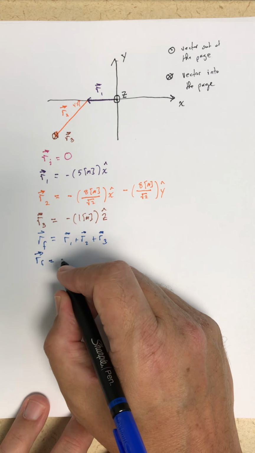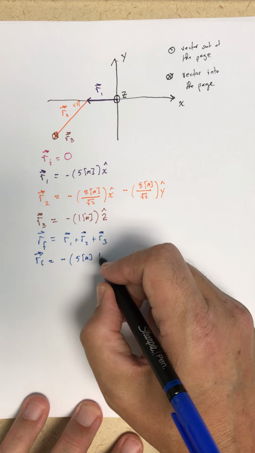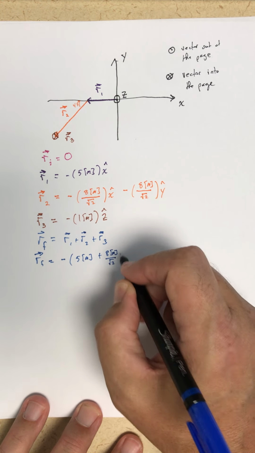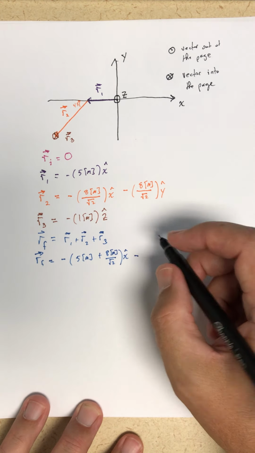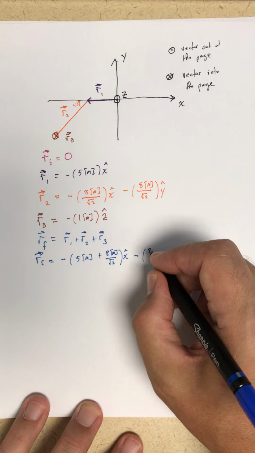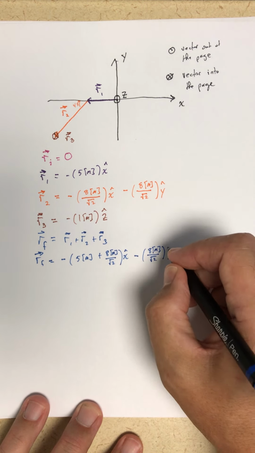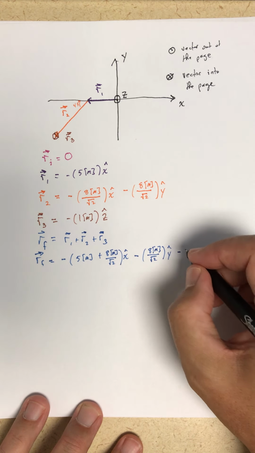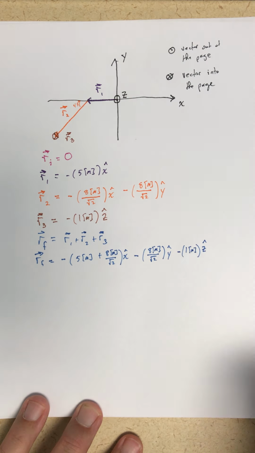I'm going to have a minus 5 meters plus 8 meters over root 2 relative to the x direction. I'm going to have a minus 8 meters over root 2 relative to the y direction, and then dropping down a meter means 1 meter relative to that positive z direction.